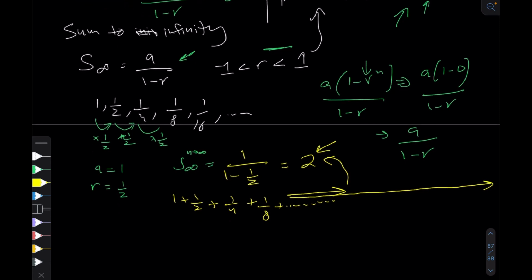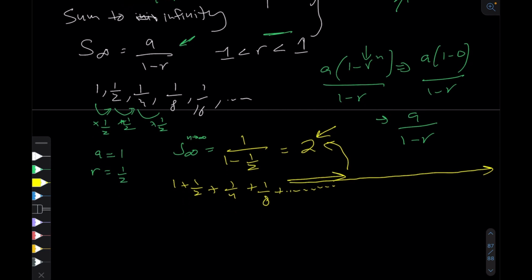And if you're coming across this the first time, it might sound a bit weird that you're adding an infinite number of terms. How can you get to a fixed value? Shouldn't it always increase? But what you'd have to agree with is that the terms are getting smaller and smaller, and as you increase your number of terms, your number is becoming so small and it's contributing very little to the total sum.